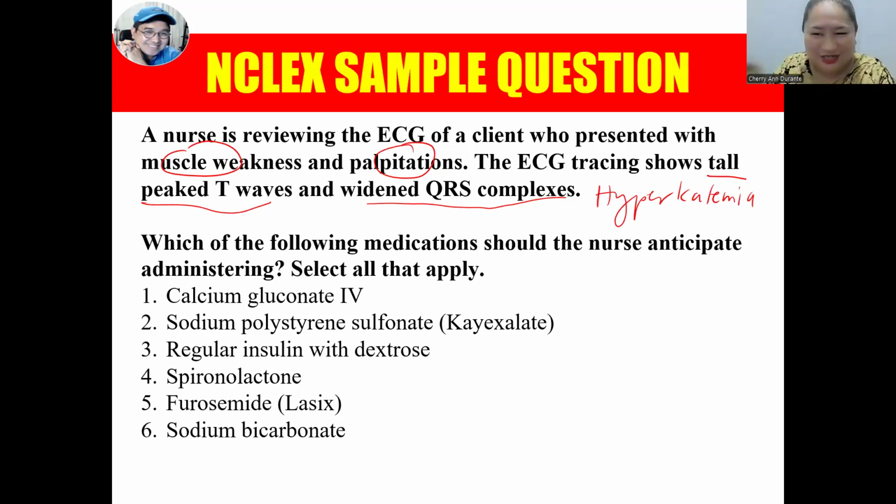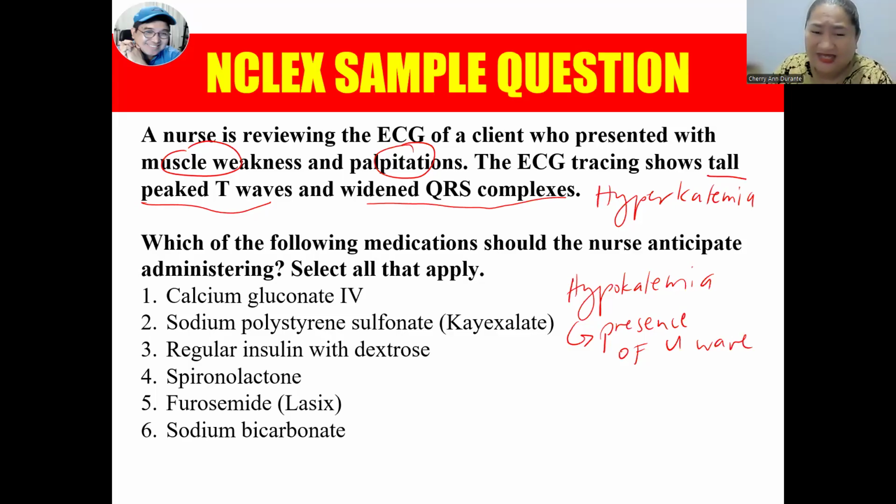So the answer should be hyperkalemia. Maybe they get confused with hypo because muscle weakness is present in both hypo and hyper. That's why the difference, guys, is that in hypokalemia, usually there is a prominent U wave, a U wave that is larger than your T wave.